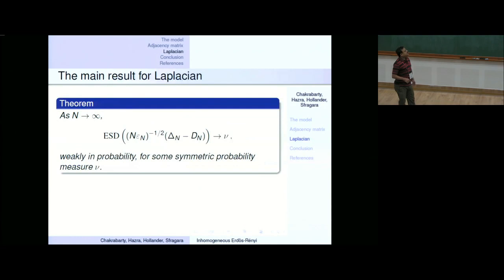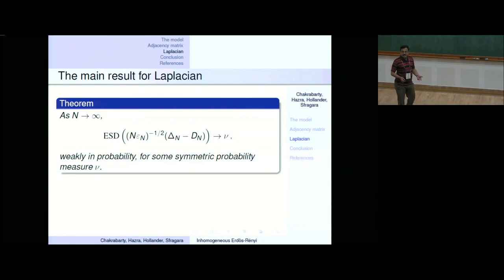So the result is, if you center the Laplacian by Dn, that is, you make the diagonal entries mean 0, and you divide by the square root of n times epsilon n, then its empirical spectral distribution converges weakly in probability to nu, again for some symmetric probability measure nu, which is no longer compactly supported. So unfortunately, we don't have a description of nu in general.